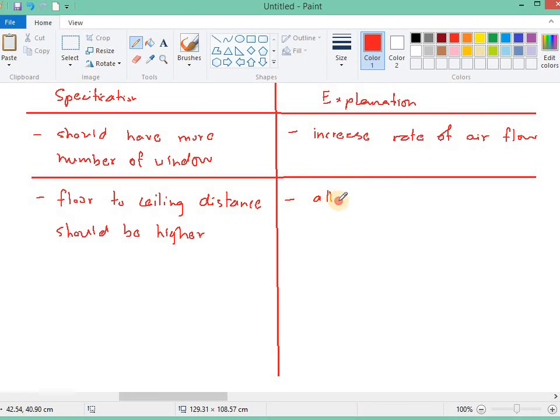The explanation: allow room for hot air to rise up high above the ground.